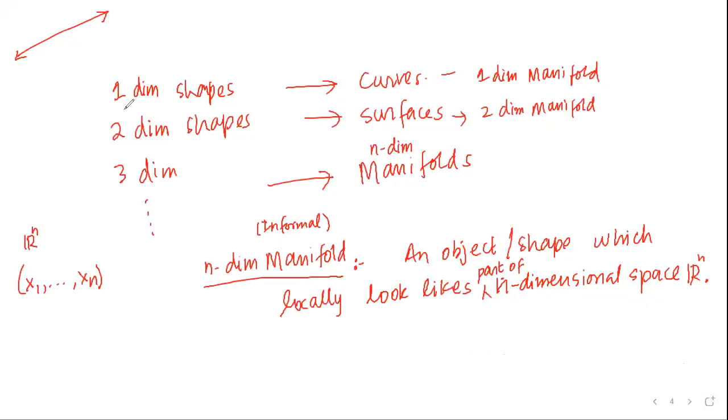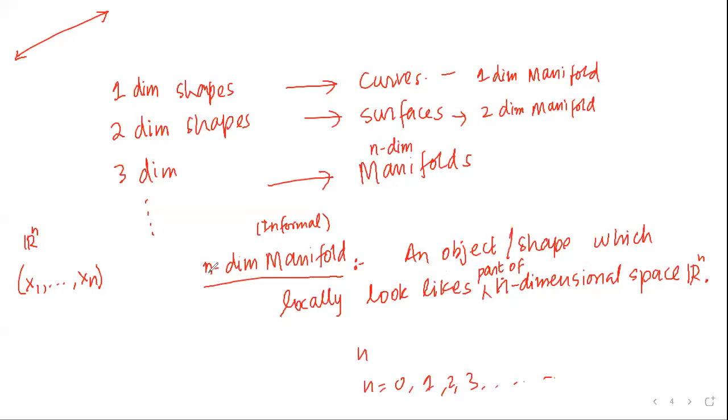When I'm saying n dimension, n means any of 0, 1, 2, 3, and so on, anything. So the dimensions are not restricted to 2, 3 or 4. That's why I'm saying n dimension.